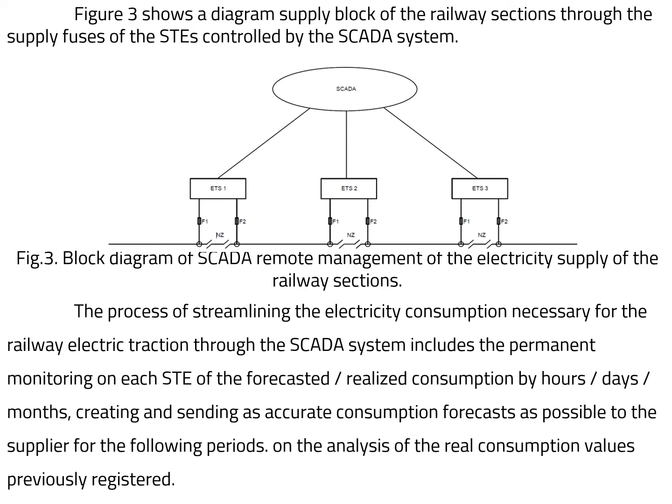The process of streamlining the electricity consumption necessary for the railway electric traction through the SCADA system includes the permanent monitoring on each ETS of the forecasted or realized consumption by hours or days or months, creating and sending as accurate consumption forecasts as possible to the supplier for the following periods, based on the analysis of the real consumption values previously registered.